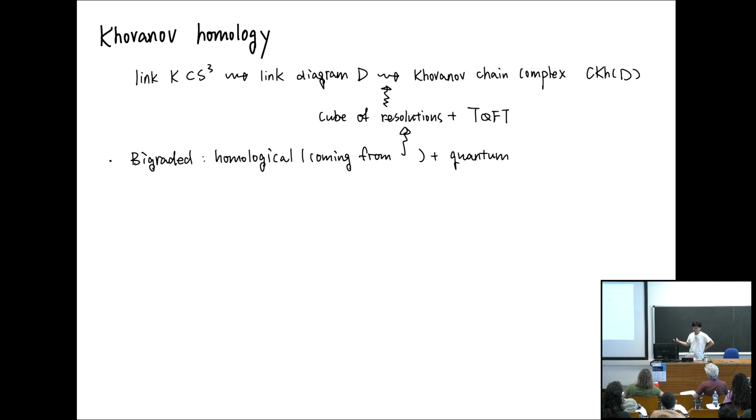It's an invariant of K up to homotopy, and it's bi-graded, with the homological grading coming from the cube of resolutions, which is basically the sum of the resolutions up to some constant. That will be useful later. And there's another grading, the quantum grading.